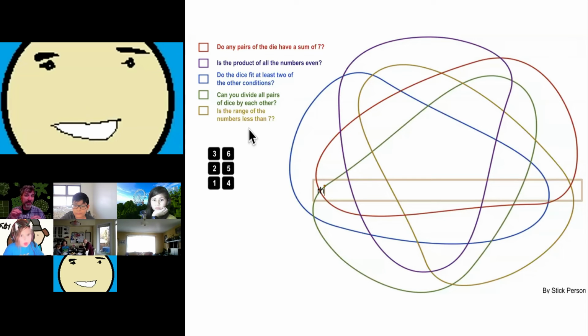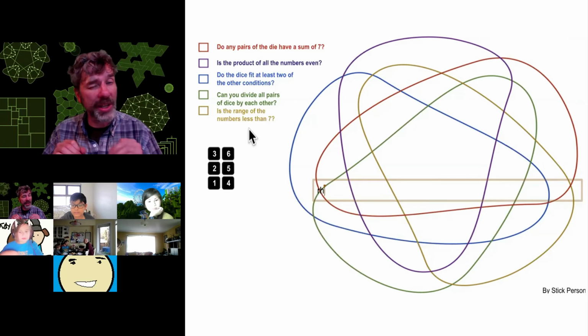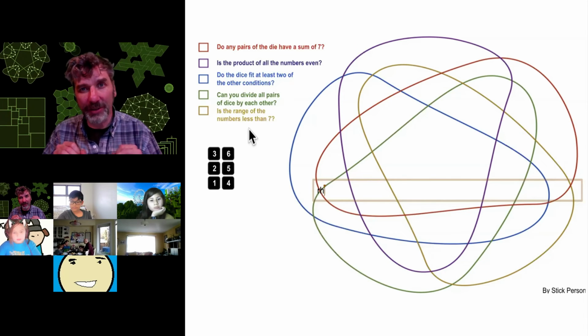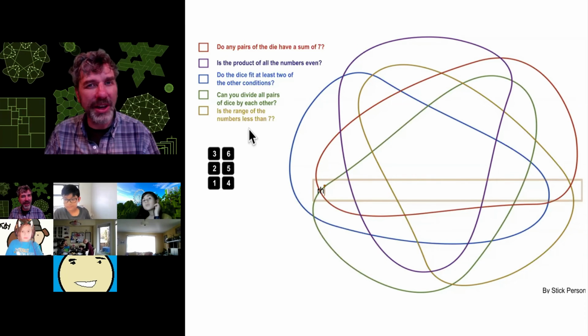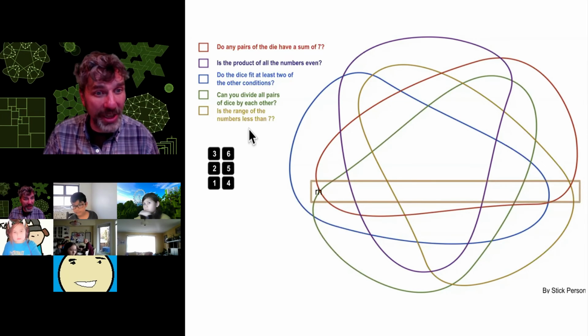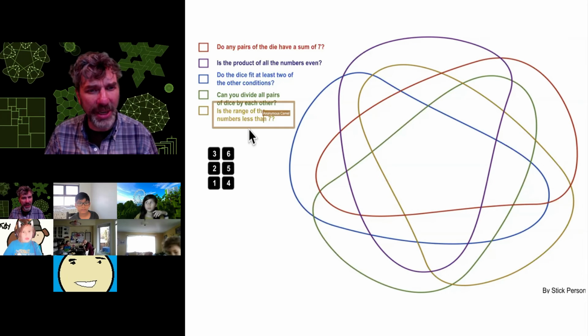So my largest is probably going to be a 6 if I roll 100 dice. My smallest is probably going to be 1. 6 minus 1 is 5. Can you imagine how many dice I would need to roll so that the range of numbers would be more than 7 or equal to 7? How many dice would I need to roll?